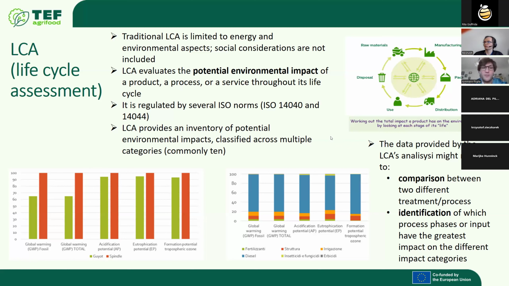The result provided by an LCA study is not limited to how much a specific product, service, or process impacts, but is also concerned with the identification of the hotspots of the process that have the biggest impact on the different categories of impact. As you can see, also from the graph below on the right, in our case study the diesel consumption was by far the biggest player in all the categories of impact.